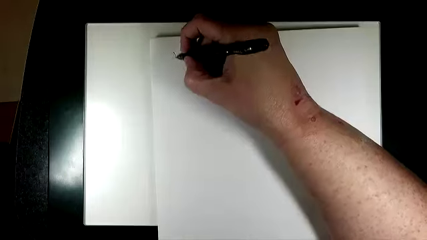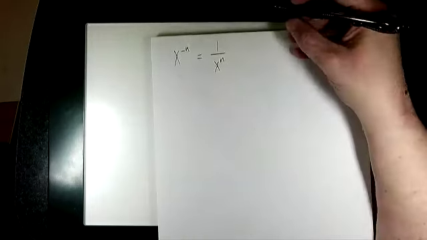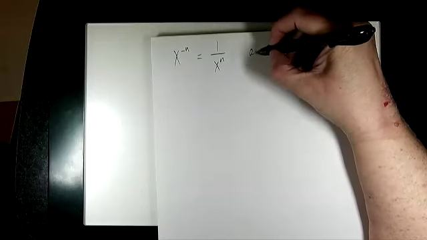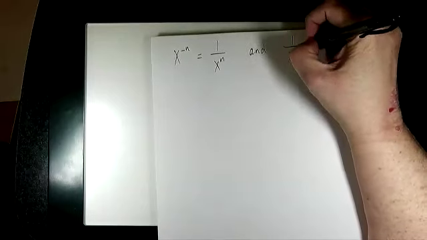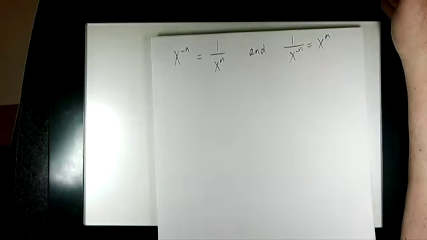And now our glorious negative exponent. X to the negative n is equivalent to 1 over x to the n. And 1 over x to the negative n is equivalent to x to the n.